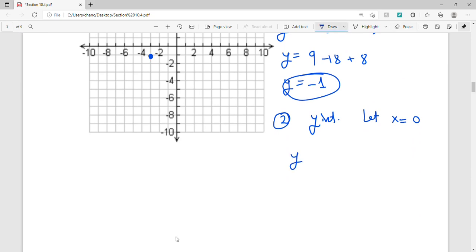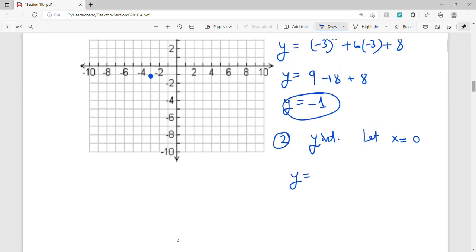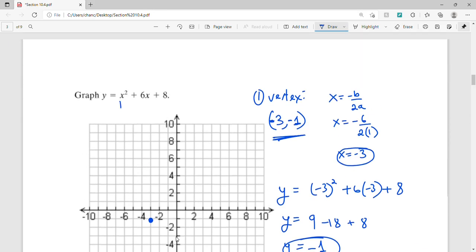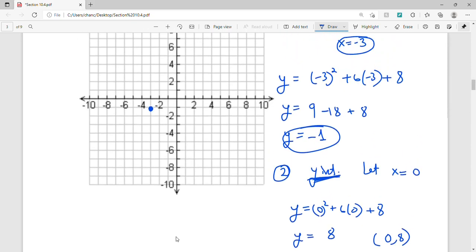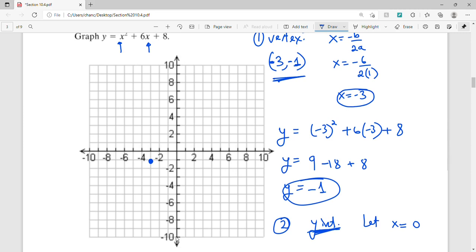So y equals 0 squared plus 6 times 0 plus 8. So you get y is equal to 8. So the y-intercept is the point 0, 8. So we'll graph that onto our Cartesian plane here, 0, 8.